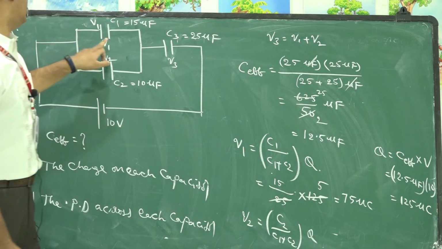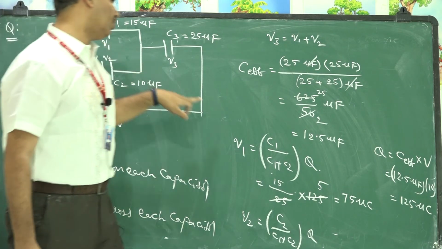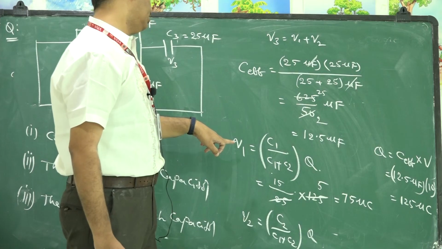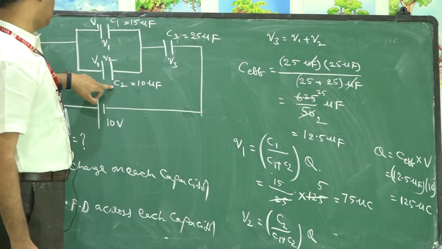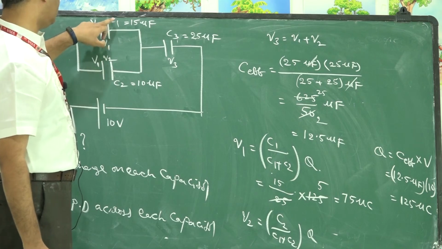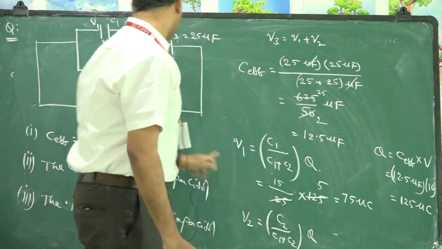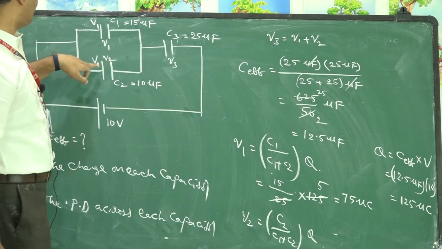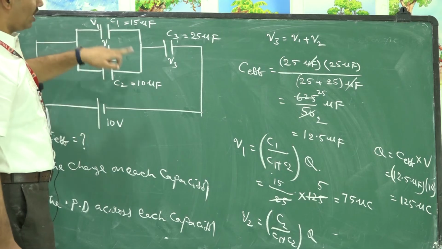Always remember, whenever you want charge here, if you want Q1, you take the capacitance C1 by C1 plus C2 into Q. Similarly, you want Q2 means its capacity by total capacity into charge.